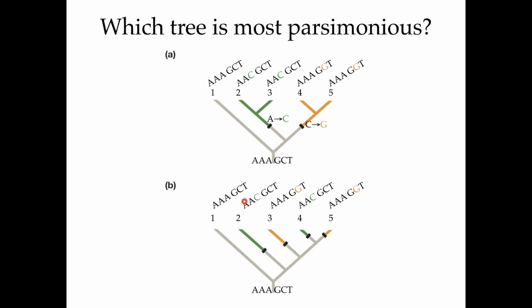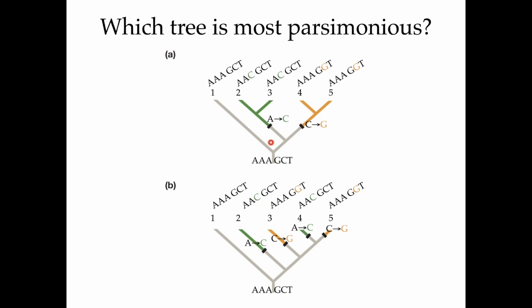In the 3B, what it's saying is we had sequence 1, then it changed A to C in sequence 2, then it changed C to G in sequence 3, then it changed again A to C, the same change that occurred here, and it changed again here in number 5, the same change that occurred in the 3.